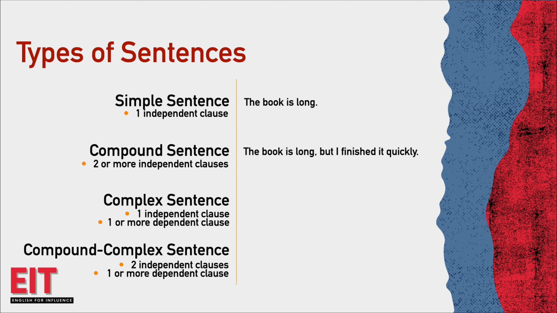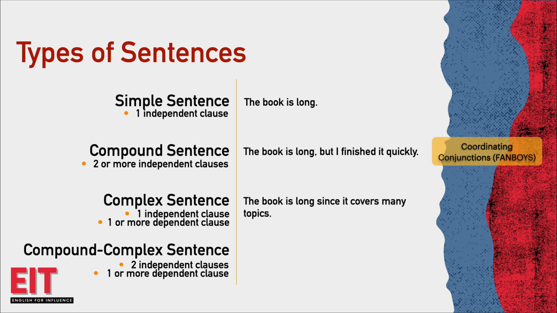The book is long and I finished it quickly. And you join these independent clauses using coordinating conjunctions or fanboys. Do you still remember what fanboys are? Yeah, you should have memorized it by now. For, and, nor, but, or, yet, and so.